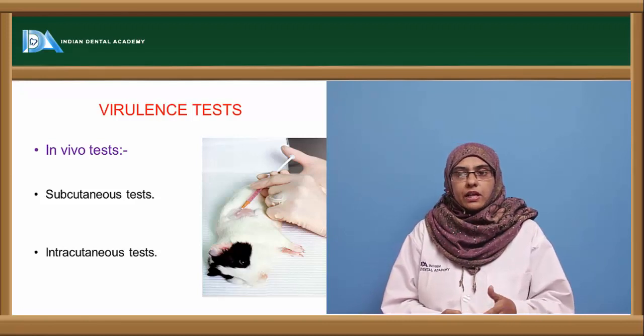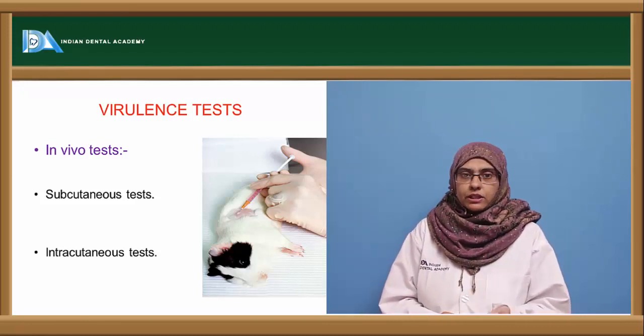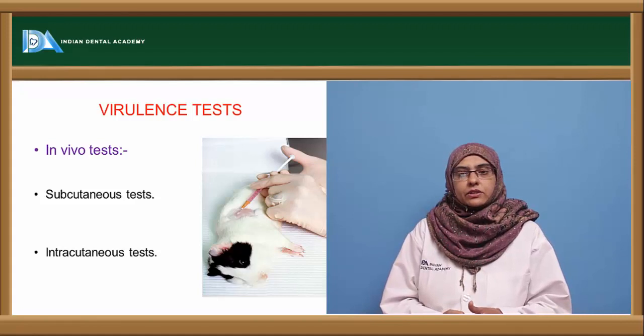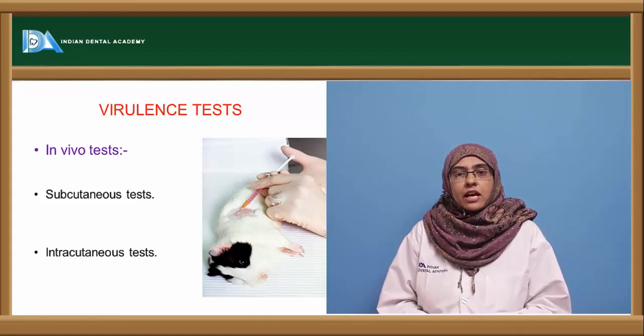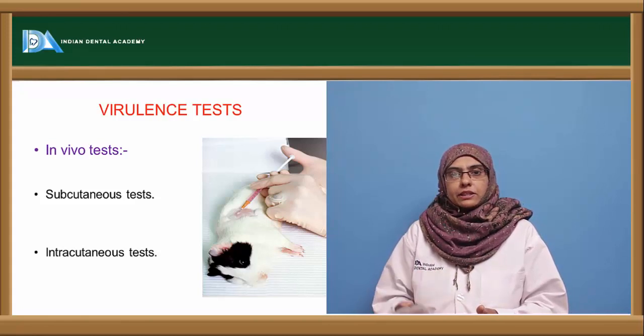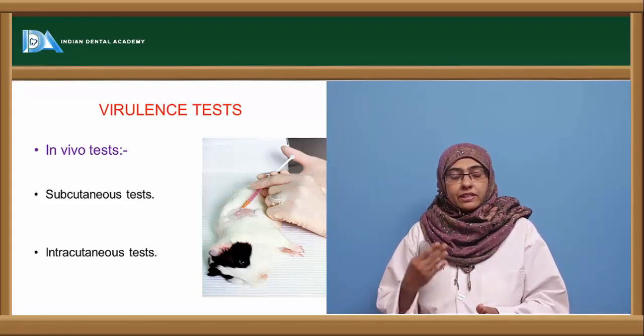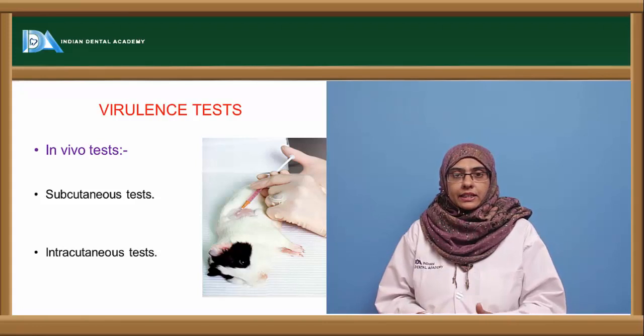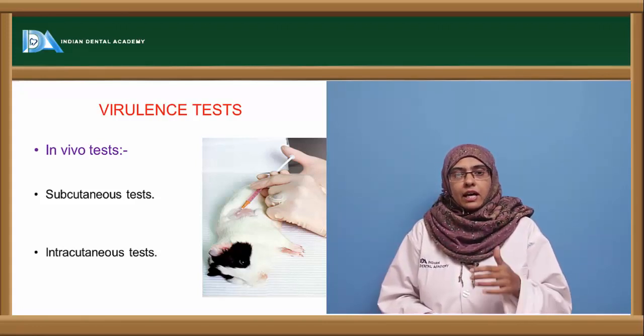But there is a wastage of animals here, so we can shift to another, more sophisticated type of test. Apart from the subcutaneous test, you can also go with the intracutaneous test, where a similar test is carried out, but the control is previously immunized with 500 units, and the test animal is inoculated with 0.1 ml of the emulsified virulent strain.